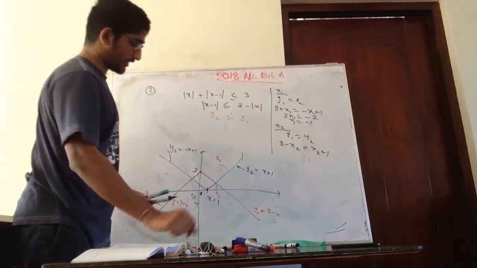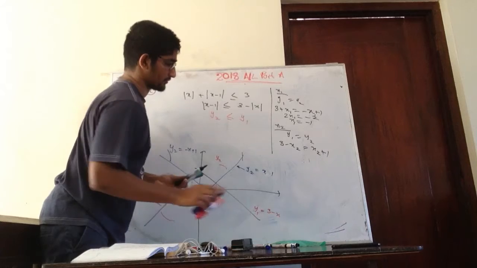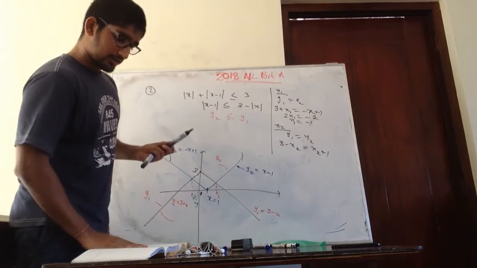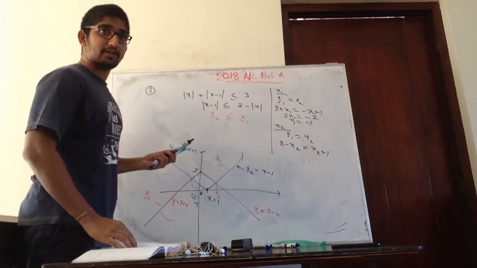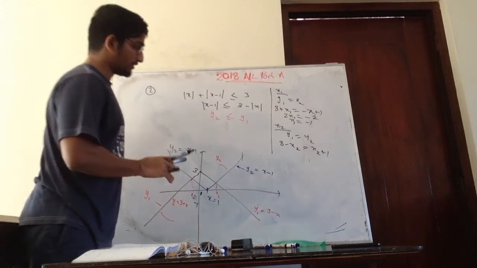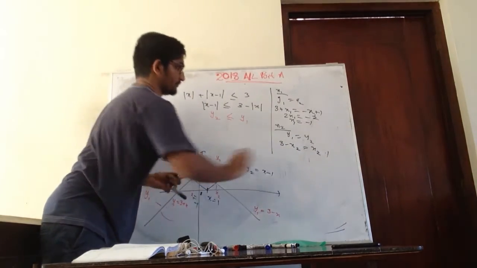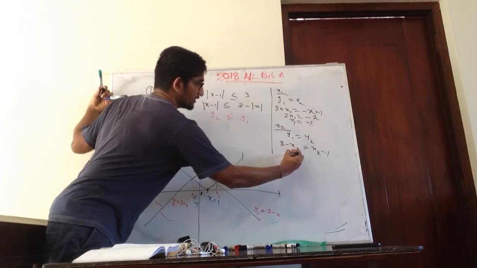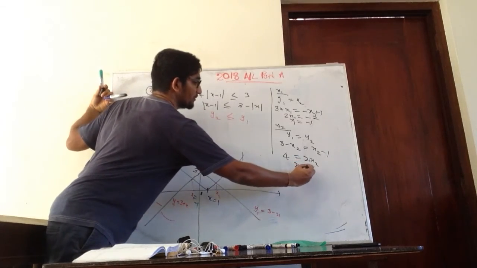The y2 value should be x minus 1. So here we will get x2 minus 1, so then you will get 4 equals 2x2. Then x2 will become 2.